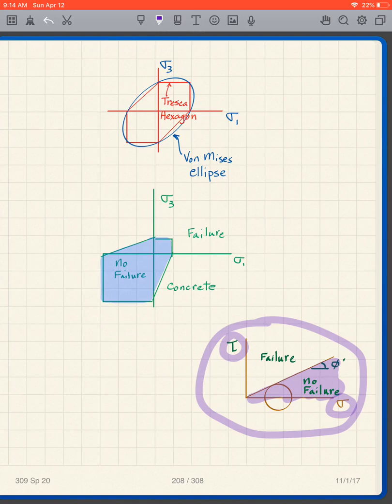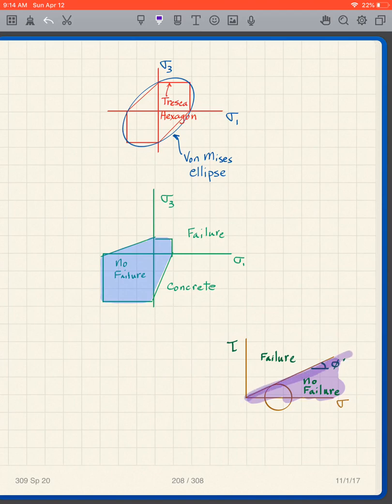And you draw the Mohr circle, and if the Mohr circle is below what's called the failure envelope, that's given by an angle of phi prime, then there's no failure.